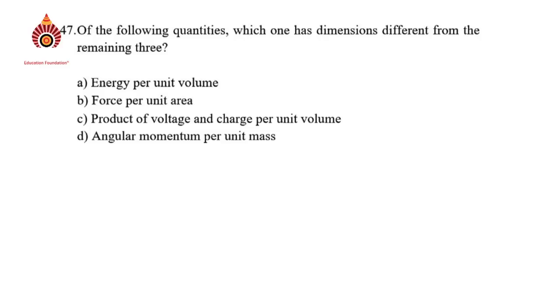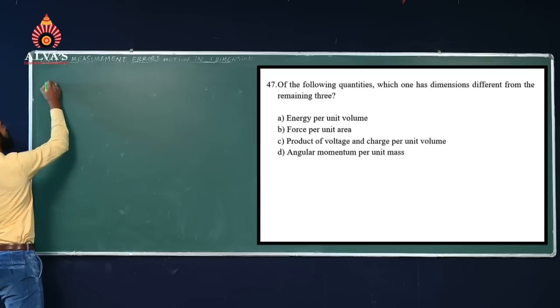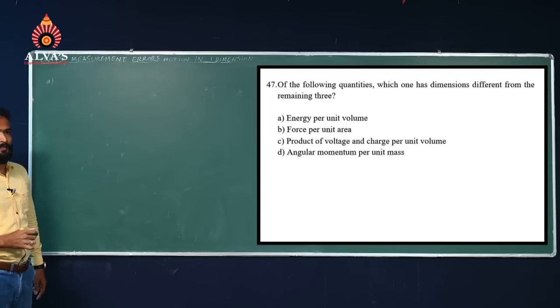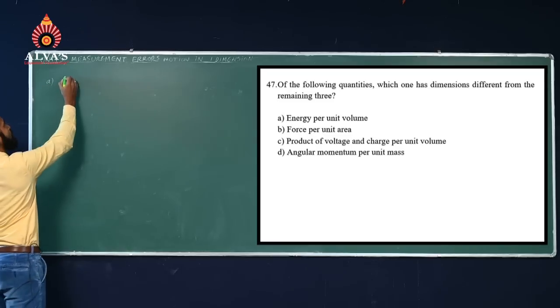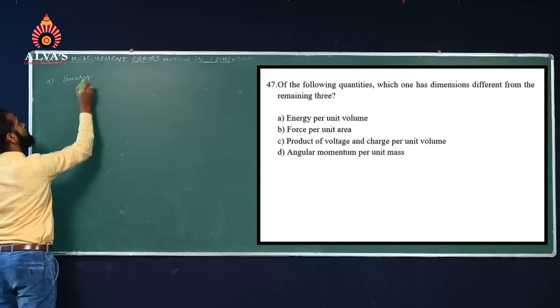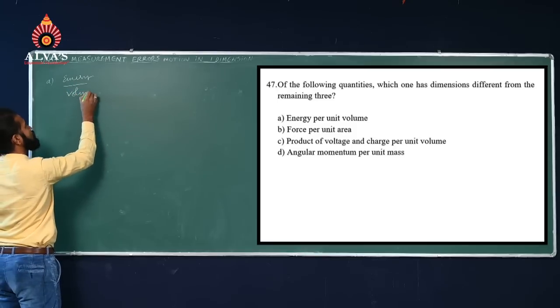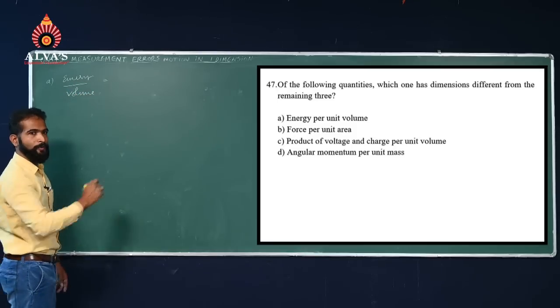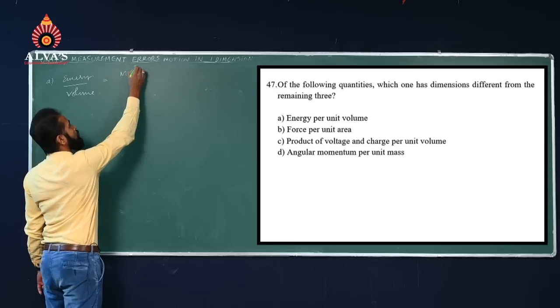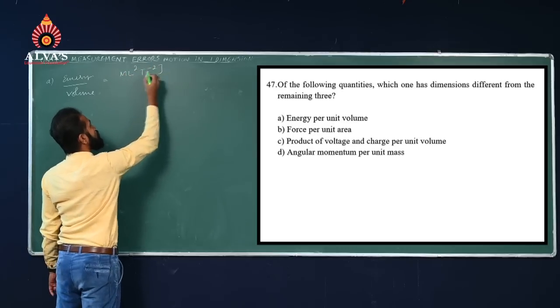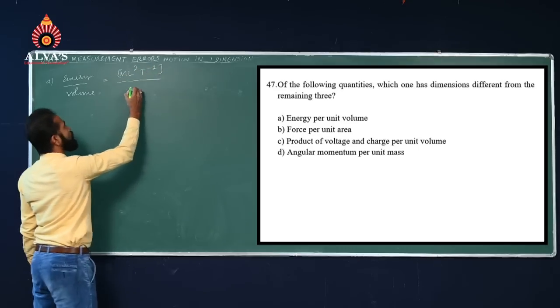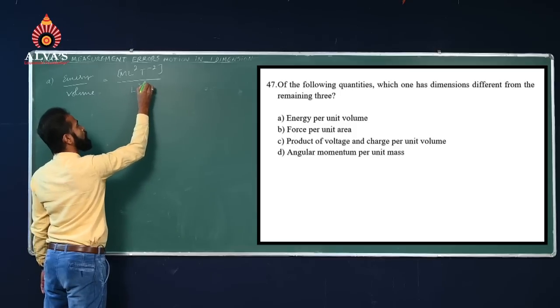47. Of the following quantities, which one has the dimensions different from the remaining three? Now look at the first quantity A. It is given as energy per unit volume. Energy has dimensions M L^2 T^-2, and volume has dimensions of L^3.